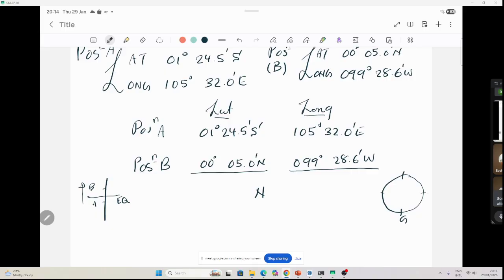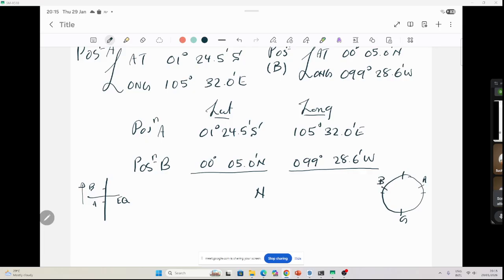So easterly 105 degrees. You are somewhere here. Okay, then sorry, I'm sorry. This is not east now. This is west, right? So easterly 105 degrees, you are here, and westerly 099 degrees, more than 90 degrees, you are here.